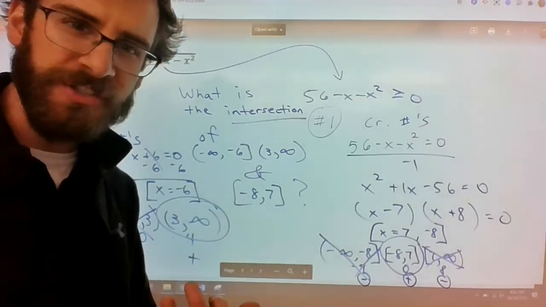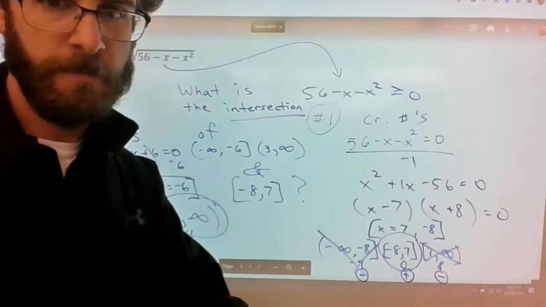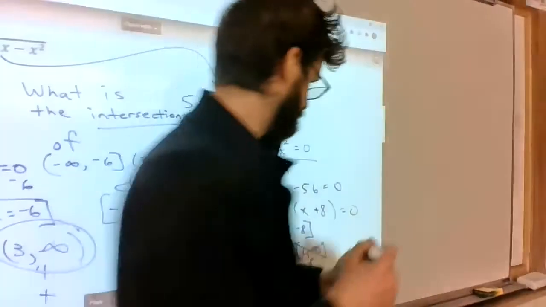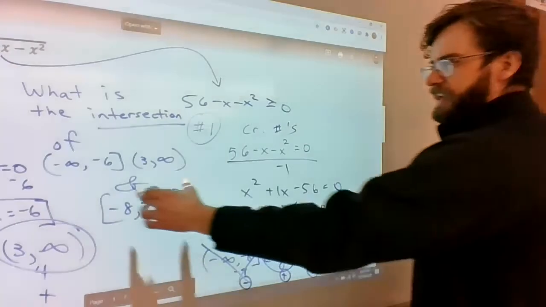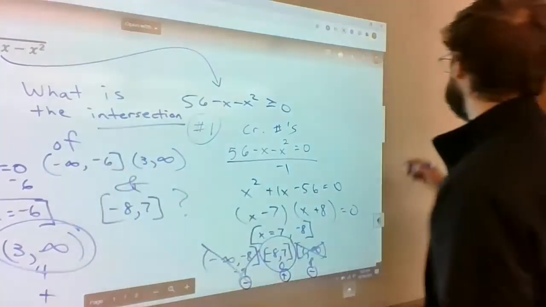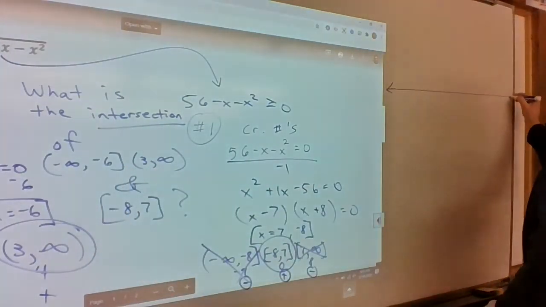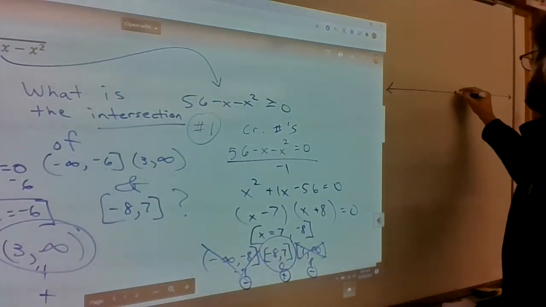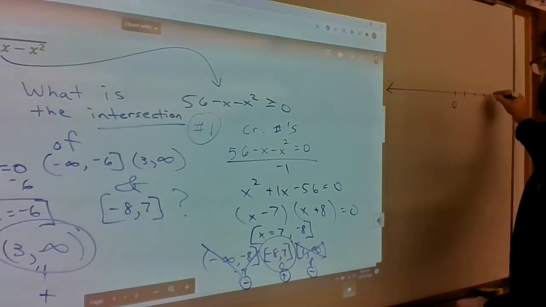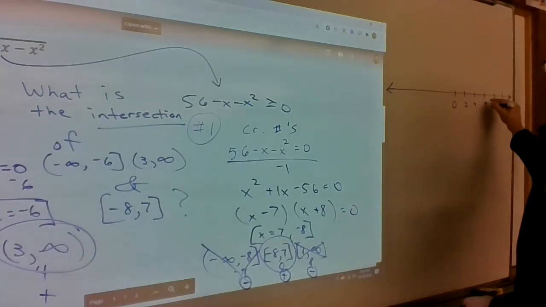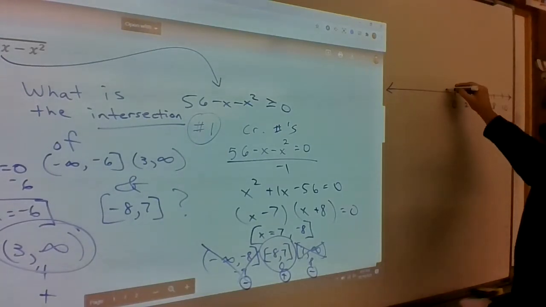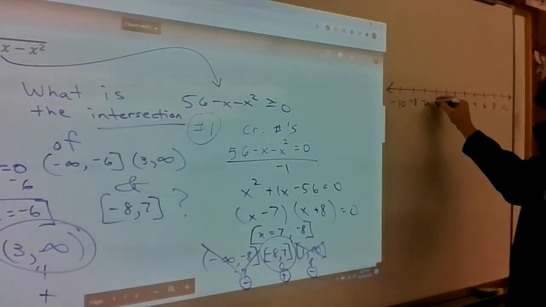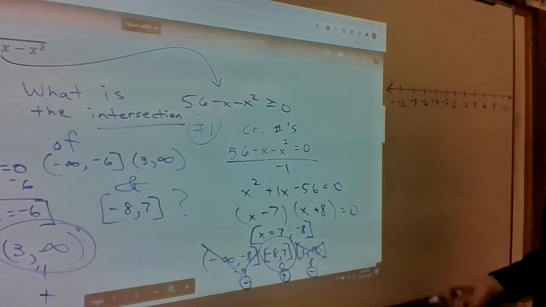So maybe we can use a number line to visualize this. Let's say I graph this part on a number line. We'll go by 2s: 2, 4, 6, 8, 10. And over here, negative 2, negative 4, negative 6, negative 8, negative 10.